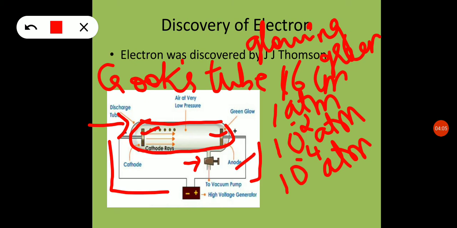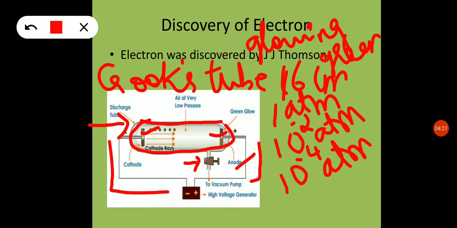To confirm this green color at the anode, he took a fluorescent screen. The screen was placed at the back of the anode, and the anode was made perforated.